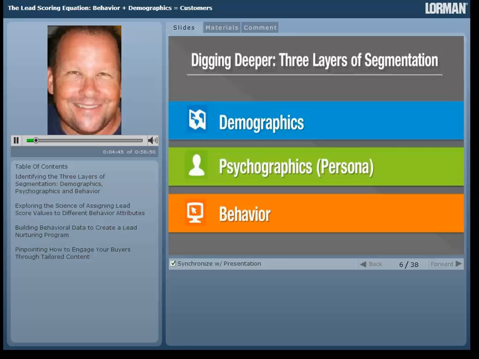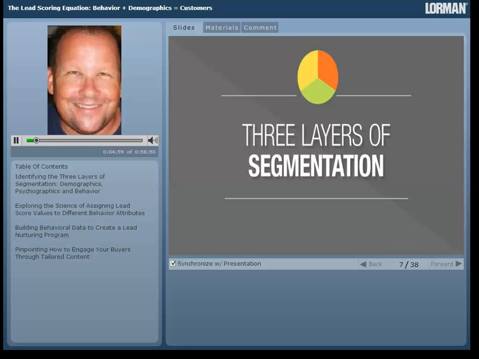What activity can we track? How are they engaging with our brand? These 3 layers together show us a lot about who consumers are and how qualified they are ultimately to buy your product. So I'll dig into these 3 layers of segmentation and talk to you about how you can collect the data, how you manage the data, and what they really mean. So first off, demographics.